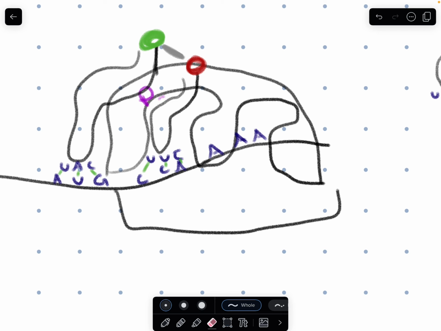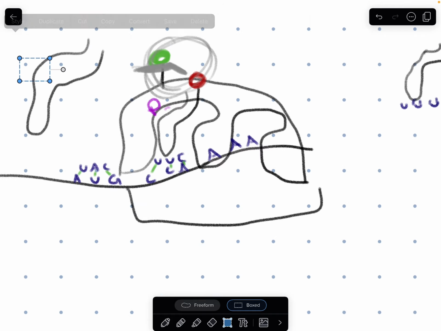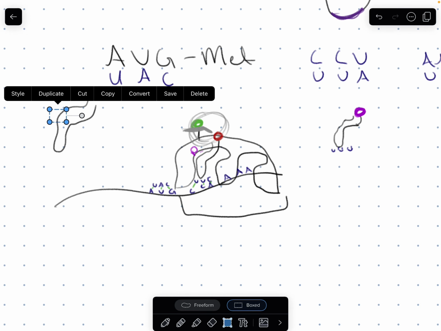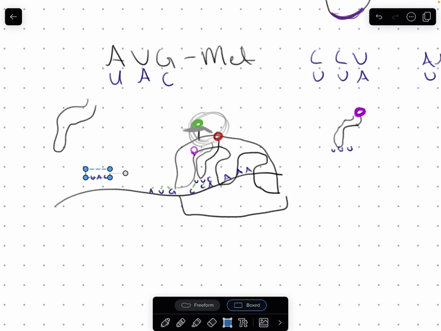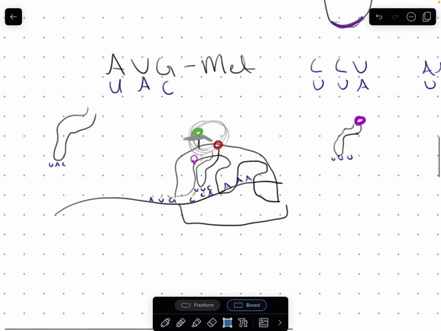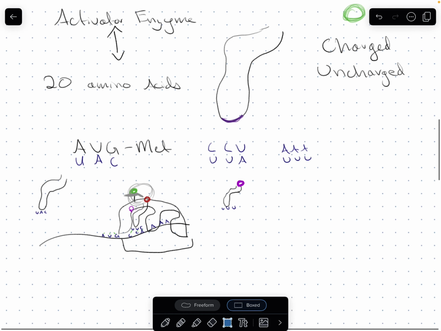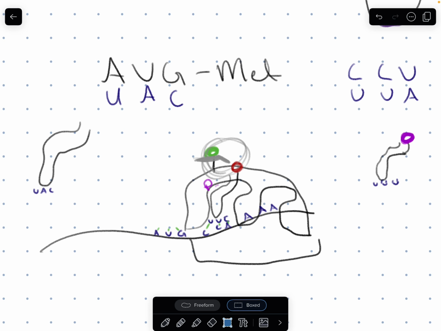What happens now is, because these two here have that bond in them, the bond now breaks between your tRNA and the amino acid. So this guy ends up floating off into space with this little anticodon, where an activated enzyme can go and attach another met to this.